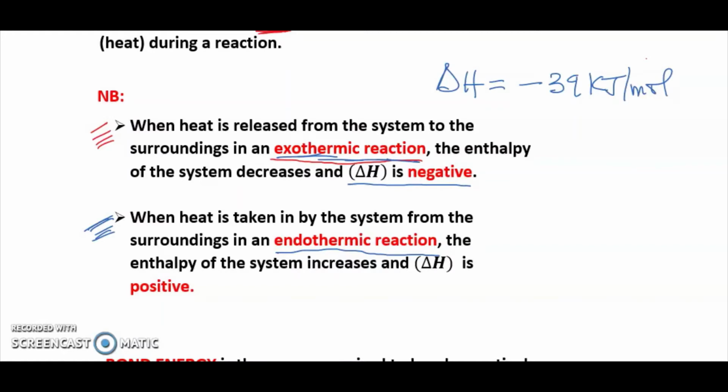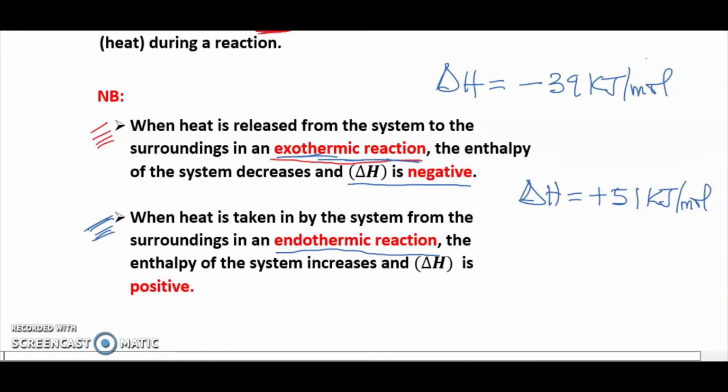On the other hand, if we calculate the value for delta H and it gives us a positive value, let's say plus 51 kilojoule per mole, in this case, it means the reaction is an endothermic reaction.